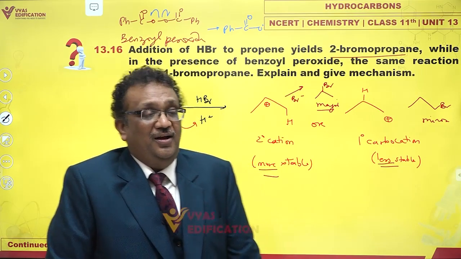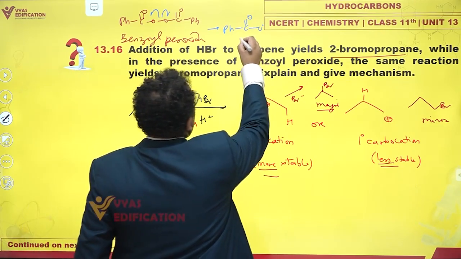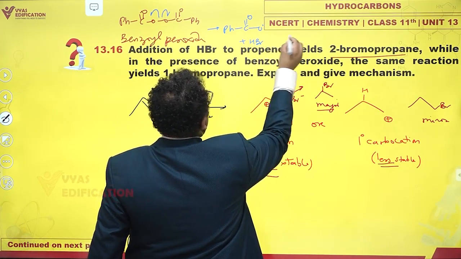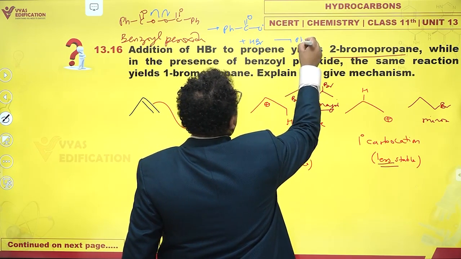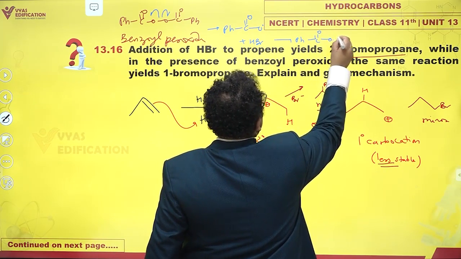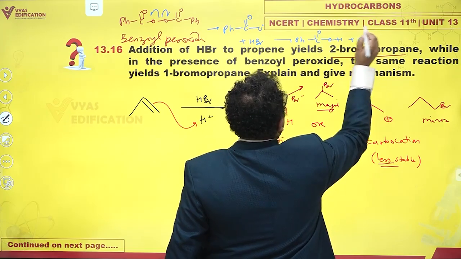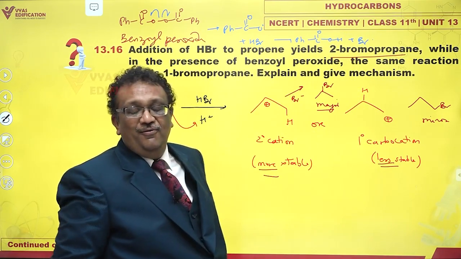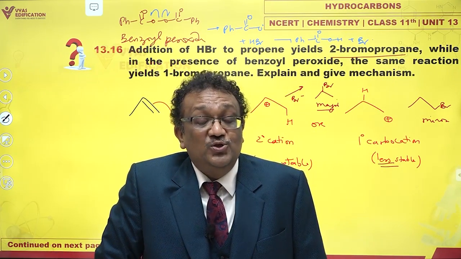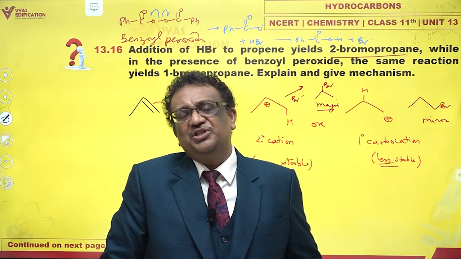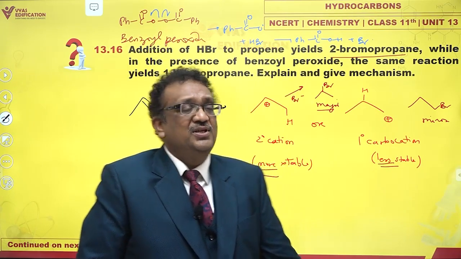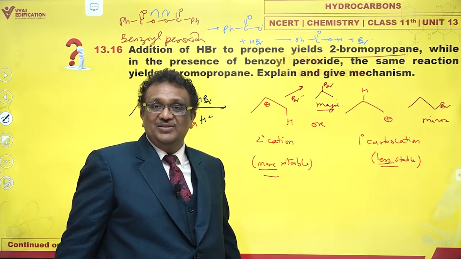And this free radical can react with HBr, and it will generate PhCOOH plus Br radical. So benzoyl peroxide is an initiator in very tiny quantities. It gives you bromine radicals.